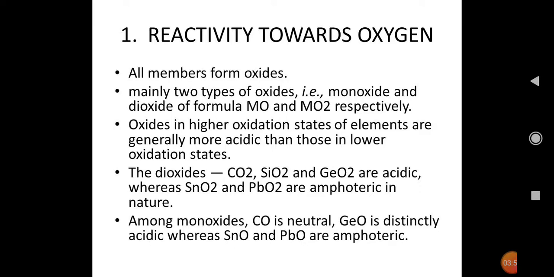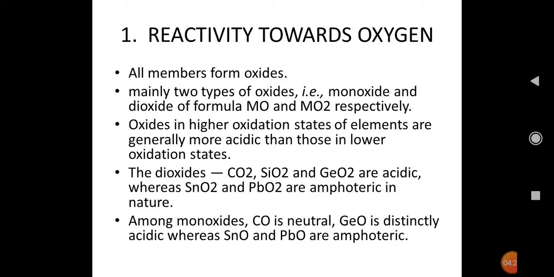But SnO2 as well as PbO2 are completely amphoteric in nature. That means they act as acidic as well as basic compounds, and that's why they are called amphoteric. Carbon monoxide is a neutral compound, and germanium monoxide is an acidic compound. These are a few exceptions in the reactivity towards oxygen.